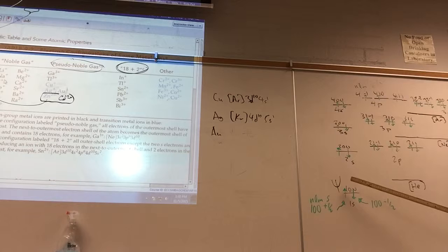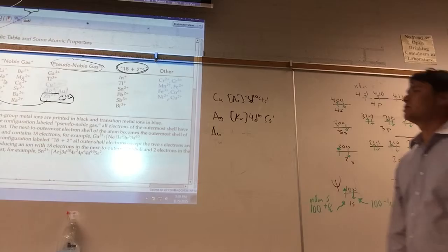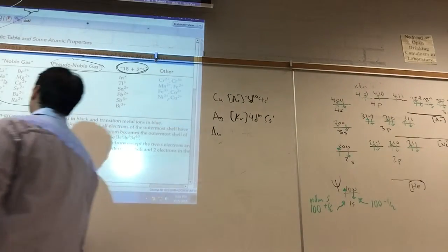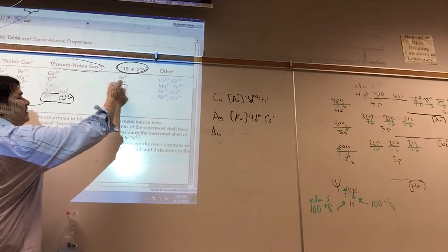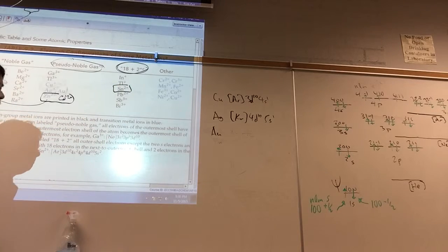Because if we fill these up, 2, 4, 6, 8, 10, we get to 18 electrons here, actually, and then the +2. All right, and so what are the 18+2? 18+2 is like tin. Why +2?